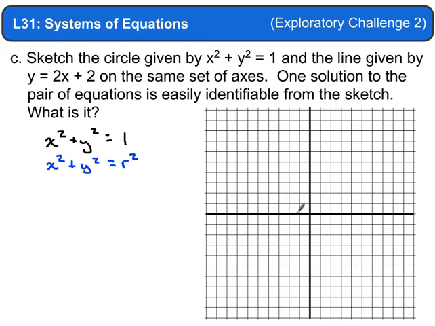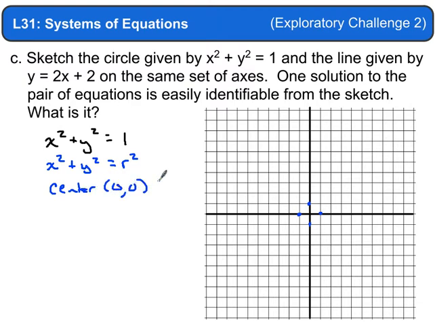So I'm going to put a dot here. So here's my circle. I have a radius of 1. My center for now is going to be at 0, 0.